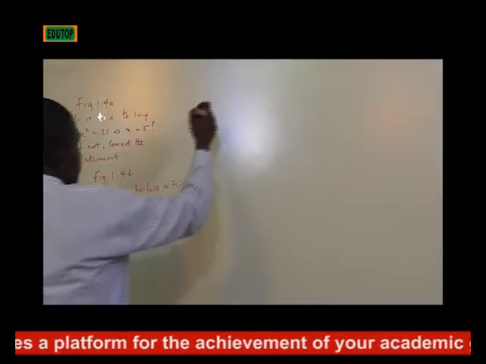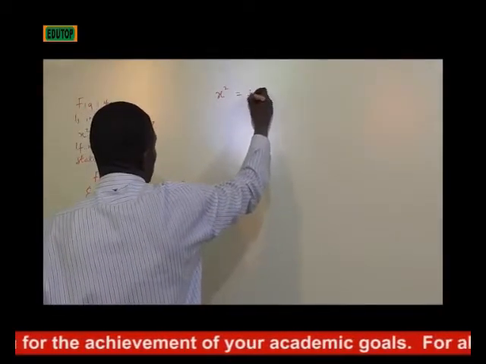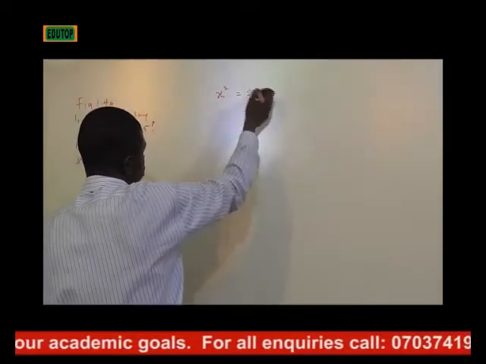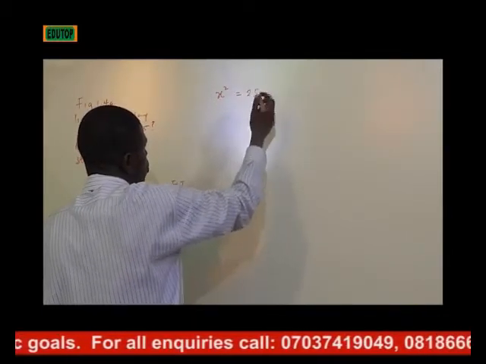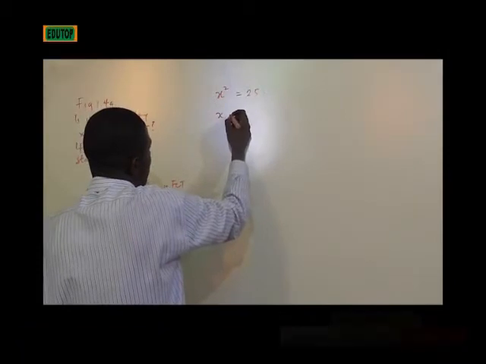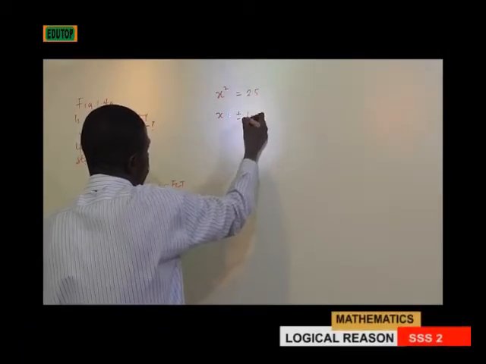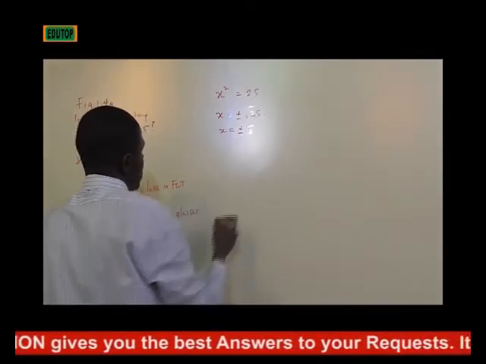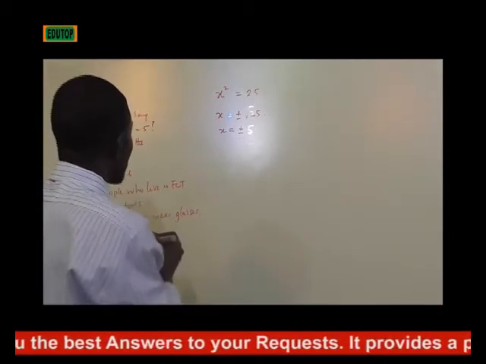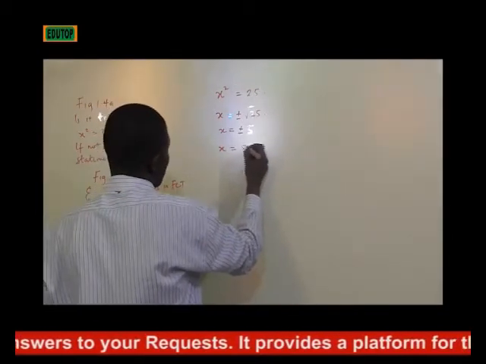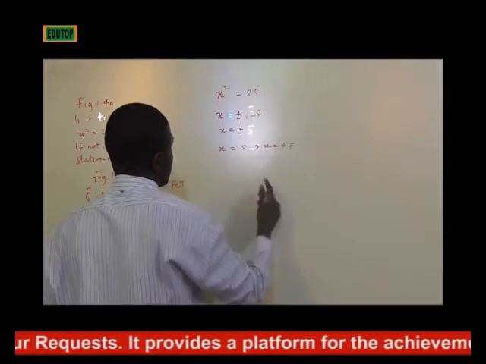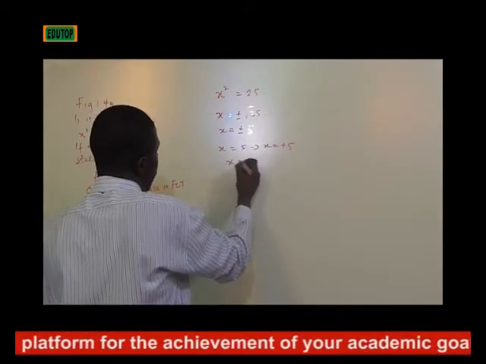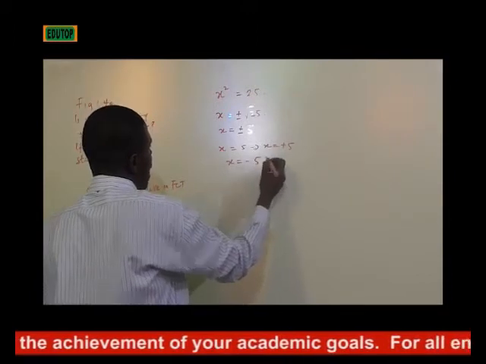If you look at this statement, x squared equals 25, it is obvious that when the square crosses to the other side, you have a plus or minus square root of the value. So automatically x equals plus or minus square root of 25, which gives us plus or minus 5. The statement x equals 5 implies x equals plus 5, and it does not incorporate x equals minus 5.